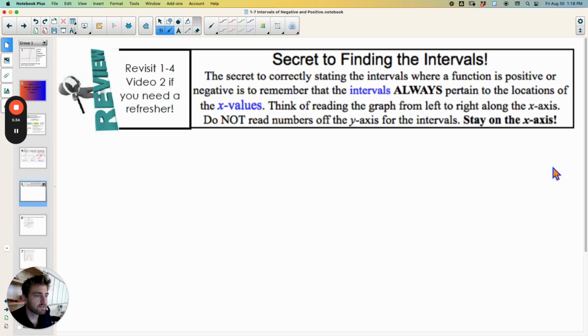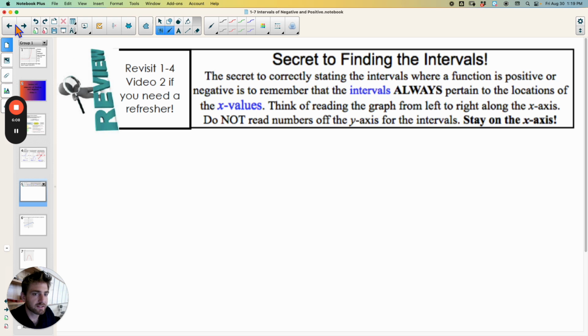So the secret to correctly stating the intervals where a function is positive or negative is to remember the intervals always pertain to the locations of the x values. Think of reading the graph from left to right along the x-axis. Do not read the numbers off the y-axis for the intervals. Stay on the x-axis. What the y is doing is what tells you whether it's positive or negative.